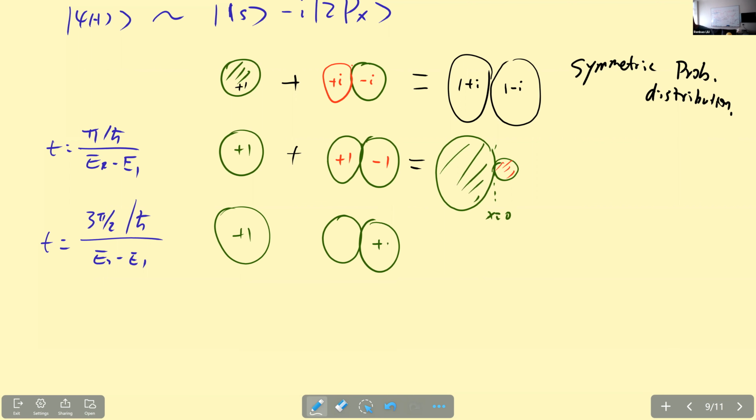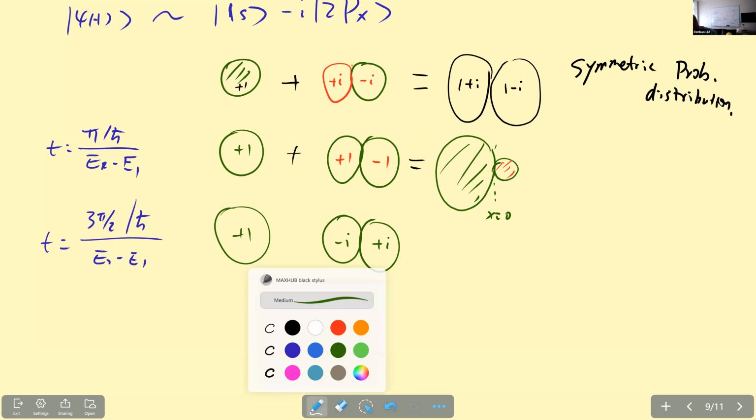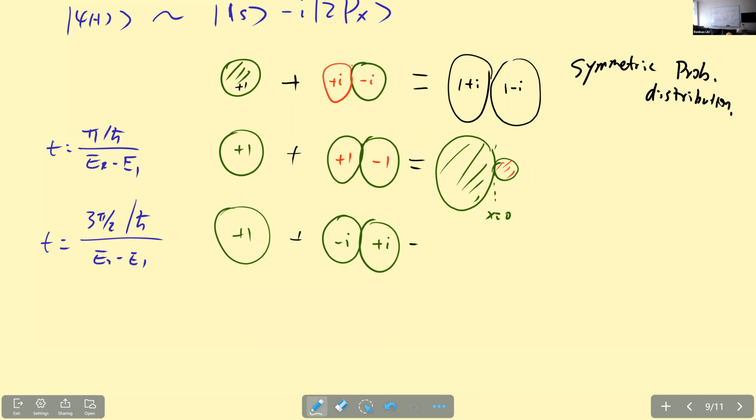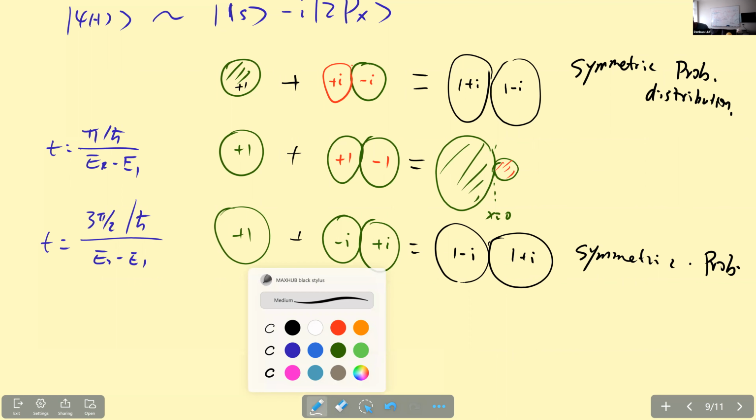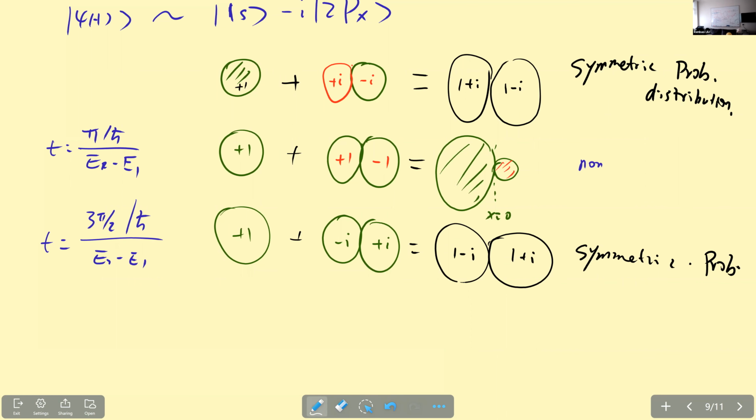But now this is plus i, this is minus i. So the summation of these two will just give us something like this one. This is 1 plus i, this is 1 minus i. Okay, so this is again a symmetric probability, okay. And this one is a non-symmetric probability.